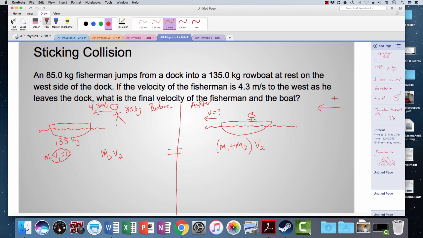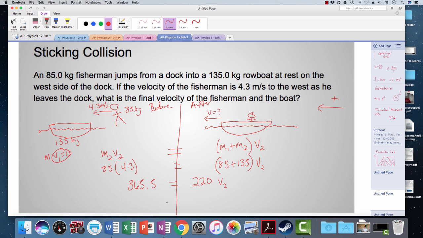So now we can plug in. The mass of the person is 85, and the velocity is 4.3, and that equals 85 plus 135, the total mass of the man in the boat, times V2. And that means 365.5 equals 220 V2.